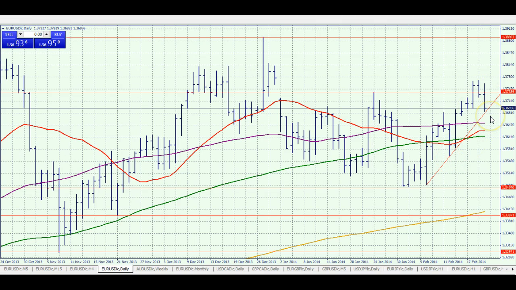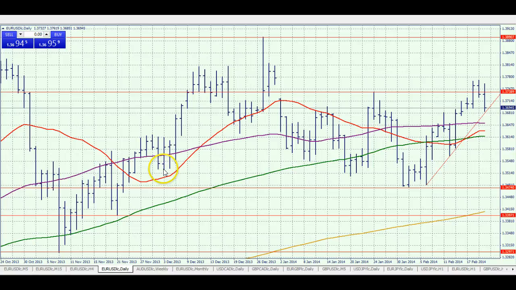And that episode seems to at least be over for now, but we have to take out 137.75 for this to accelerate back to the upside, and that seems like a reach in the current environment, especially with the ECB meeting now on the market's radar.